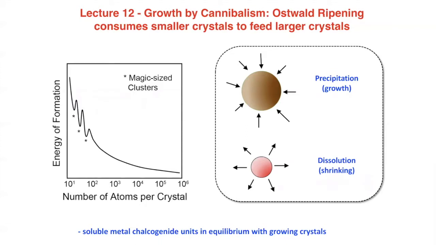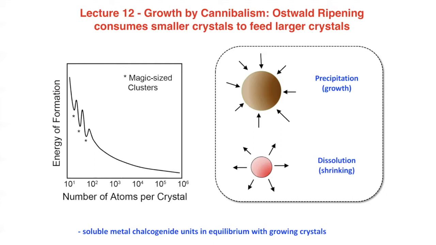But this only really is a meaningful process, where the small ones dissolve and the big ones grow, if the supersaturation is low, or if it's at equilibrium or quasi-steady state. If the supersaturation is high, then all particles grow, right? You don't dissolve under conditions where the supersaturation is high.